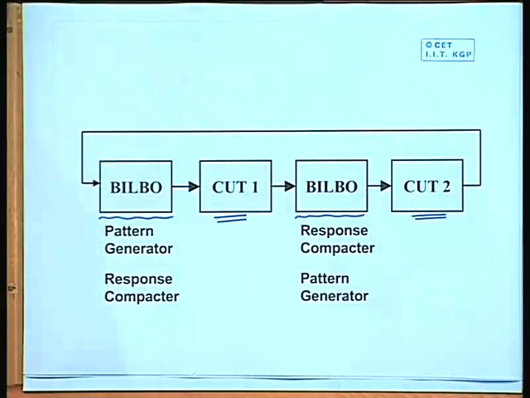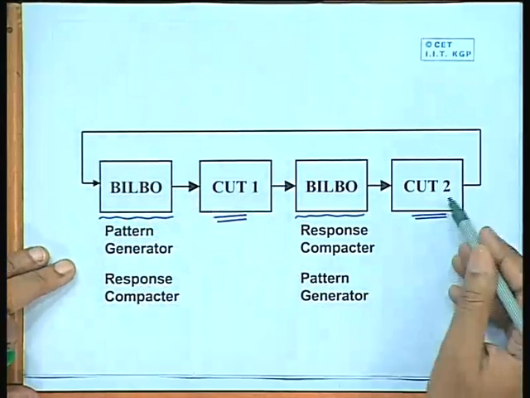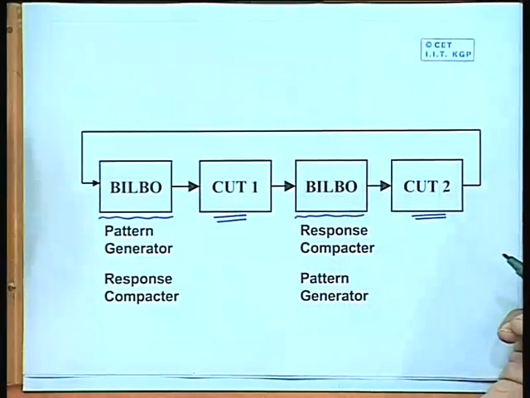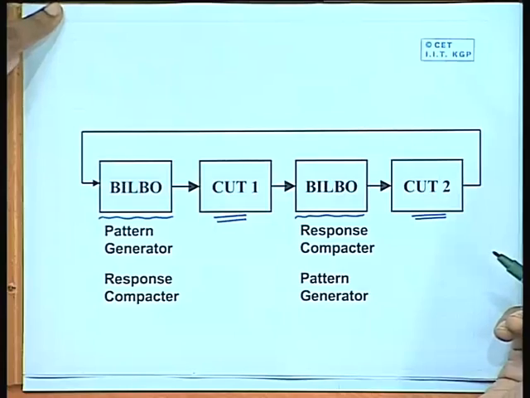First, we can configure BILBO into a shift register, and by using that shift register we can use the conventional shift register test which you use for scan path, that 0011 0011 pattern. By that we can test the BILBO registers.